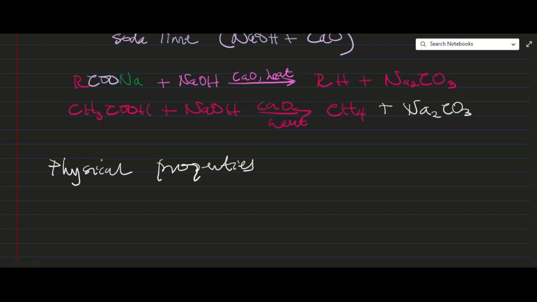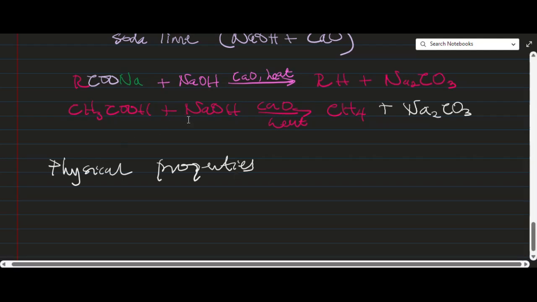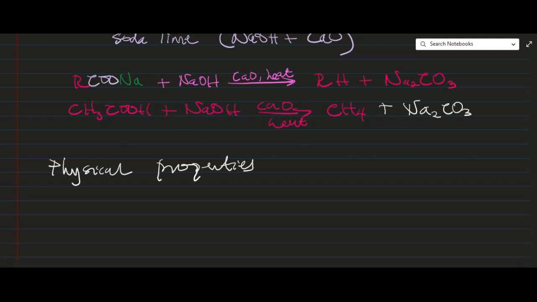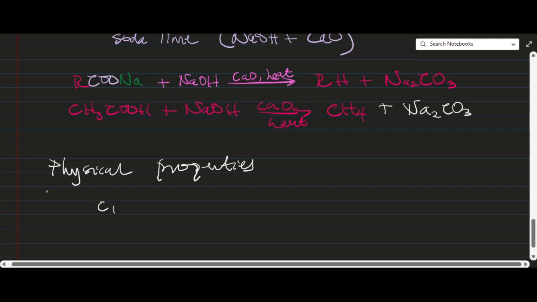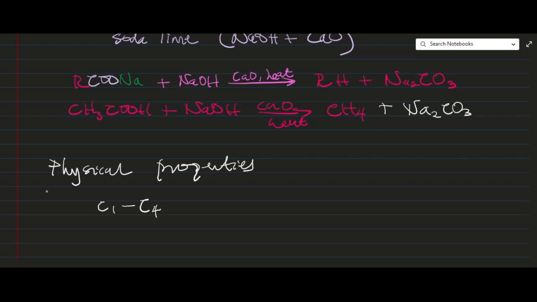One of the physical properties is we look at their physical state. How do they look? From carbon 1 to carbon 4. When we say from carbon 1 to carbon 4, we're talking about alkane that has only one carbon atom, like methane, to carbon 4, the one that has 4 carbon atoms, which is butane.